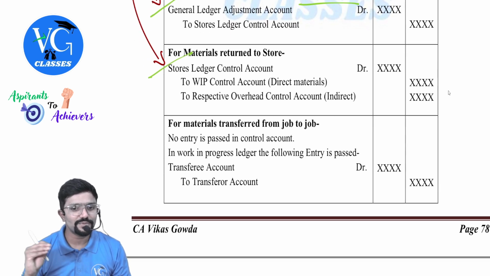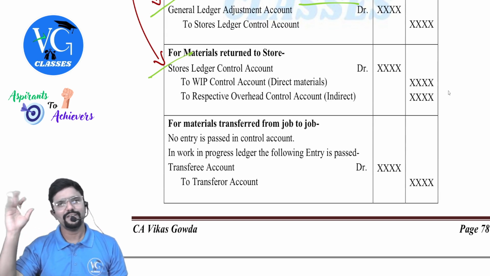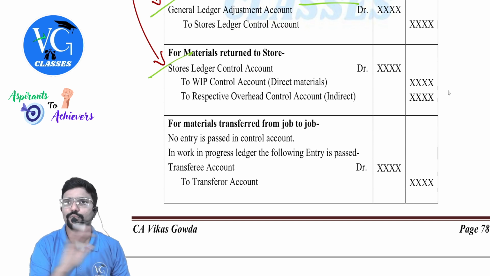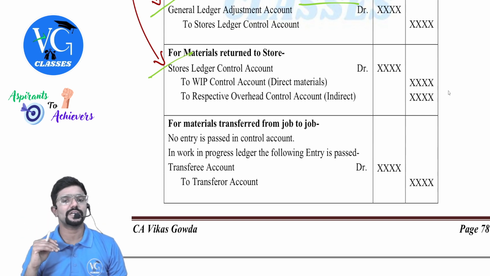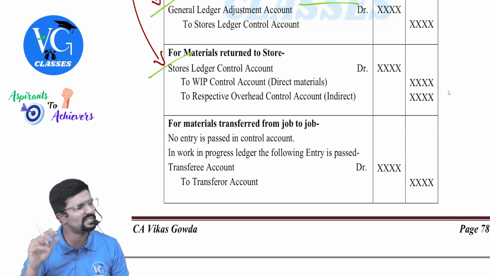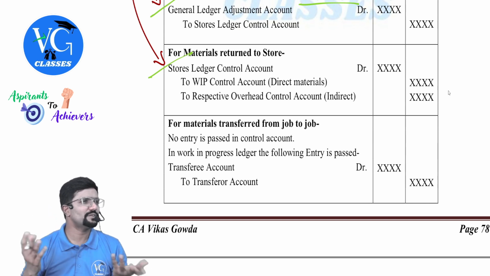Then for materials transferred from one job to another job, do we pass any entry? No, sir. They will record it, but we will not pass it. For academic or exam purposes, we will not post it. No entry is passed in the control account, but in WIP they can pass it themselves. The entry is receiver to giver.